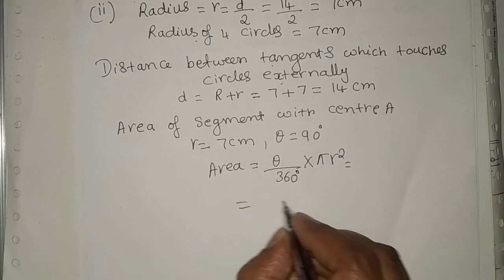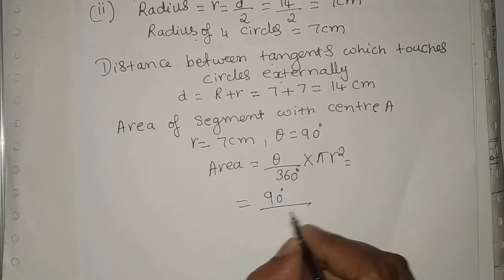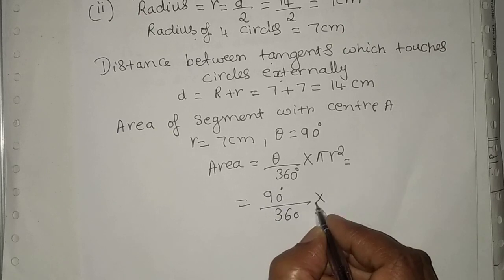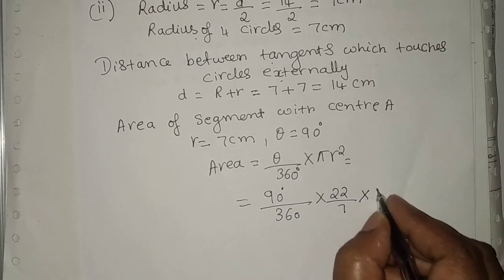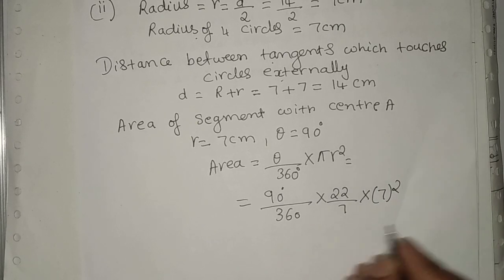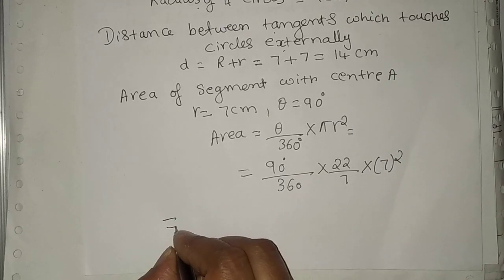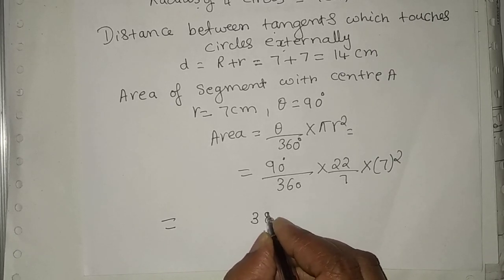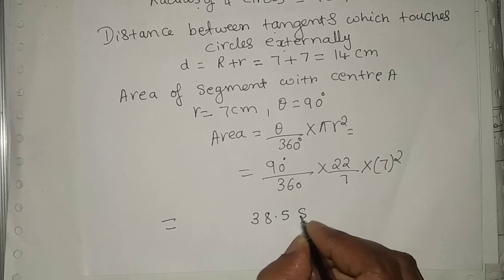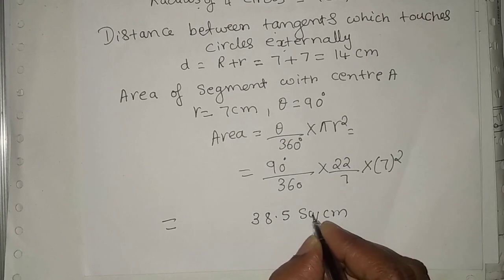So we calculate 90 degrees by 360 degrees into pi, which is 22 by 7, into 7 squared. R is 7 squared. Simplifying this, we get 38.5 square centimeters.